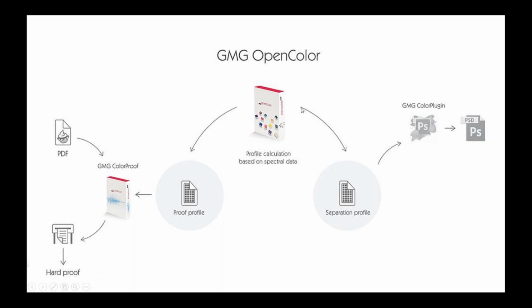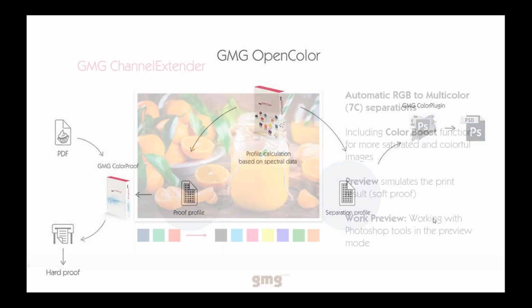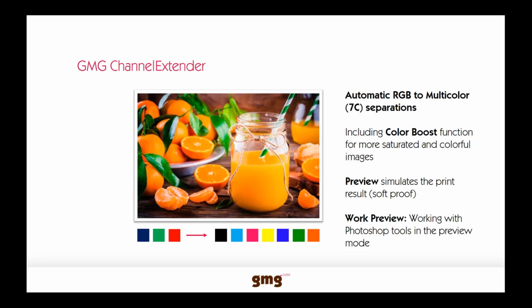On the other side, you use the same database also to create separation profiles, for example, for the GMG ColorPlugin. There are also other options, but today we want to focus on the conversion of images, and therefore the separation profiles are requested from the plugin from OpenColor to convert images. So we have firstly the GMG channel extender.